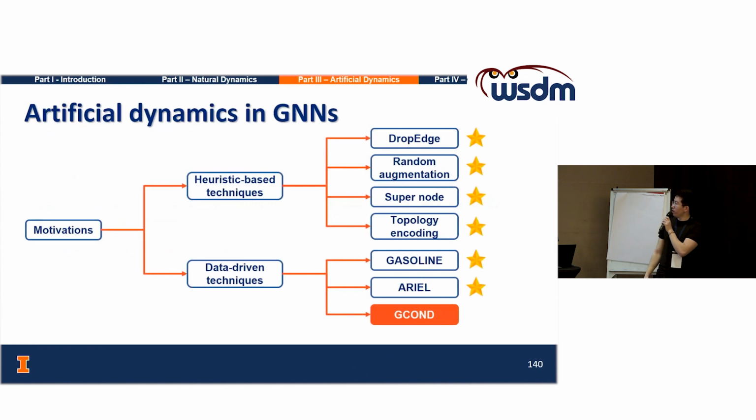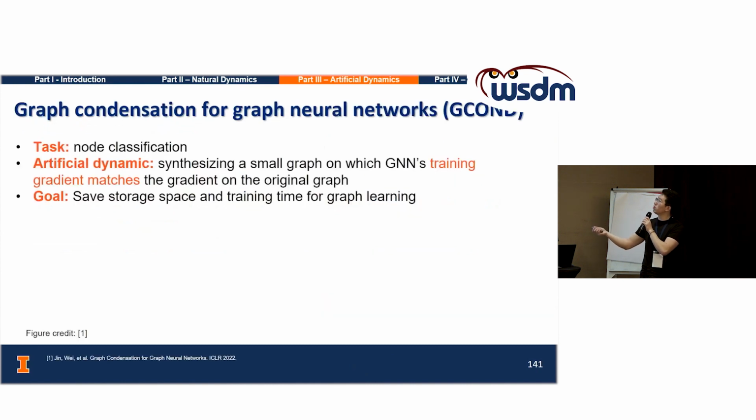Okay, and the last data-driven technique I want to introduce is named GCond. The paper name is graph condensation for graph neural networks, and the task they work on is node classification.